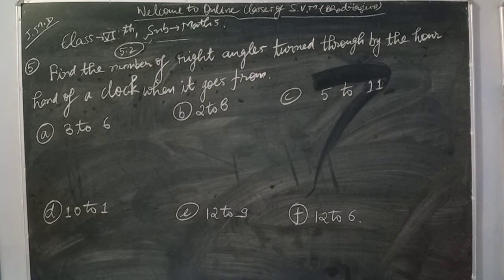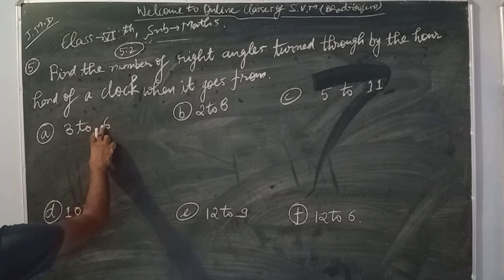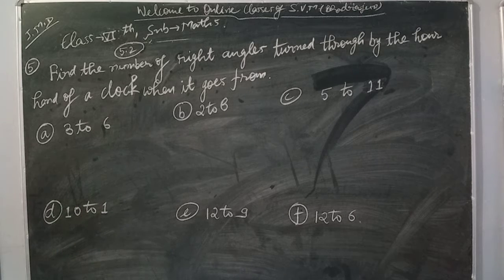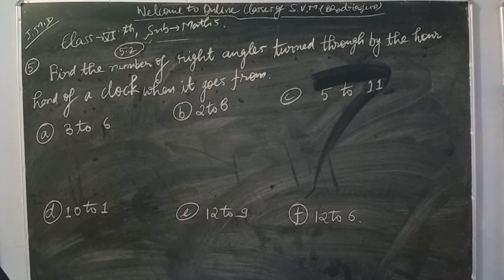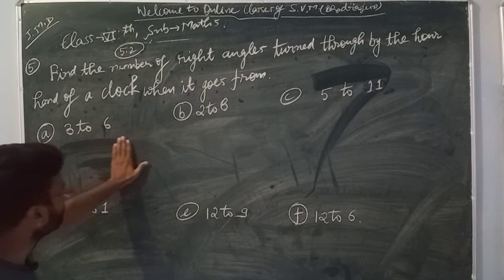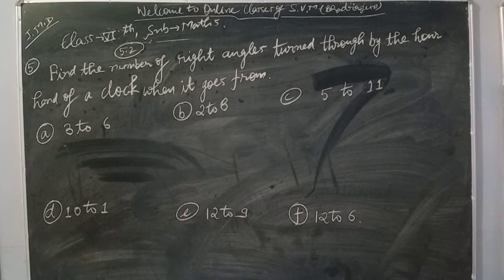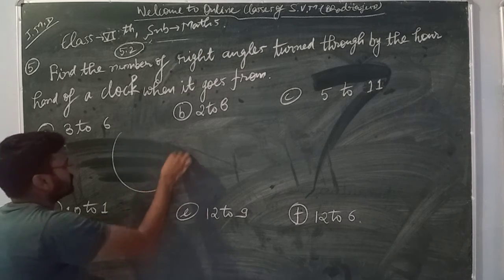If our hour hand is going from 3 to 6, how many right angles will the clock move? This is our clock.